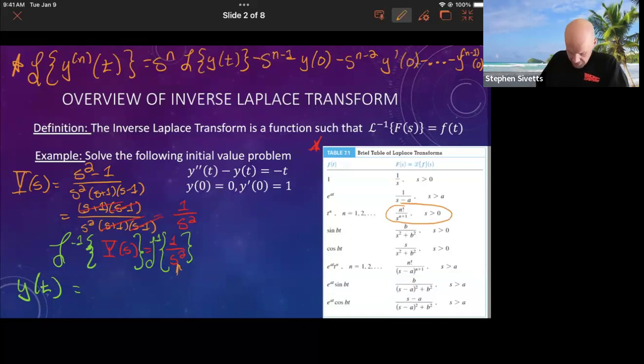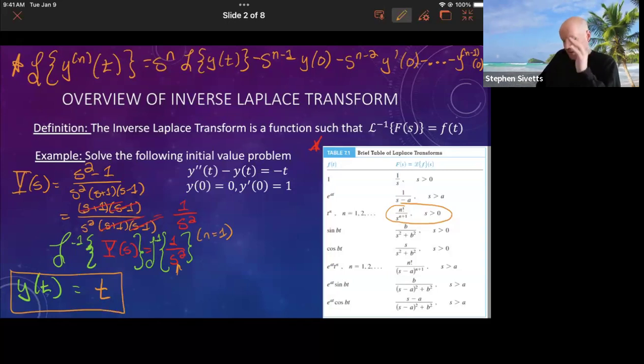So the inverse Laplace transform of that function would be just t, right? The n is 1 in this case. And so that is what y of t equals.